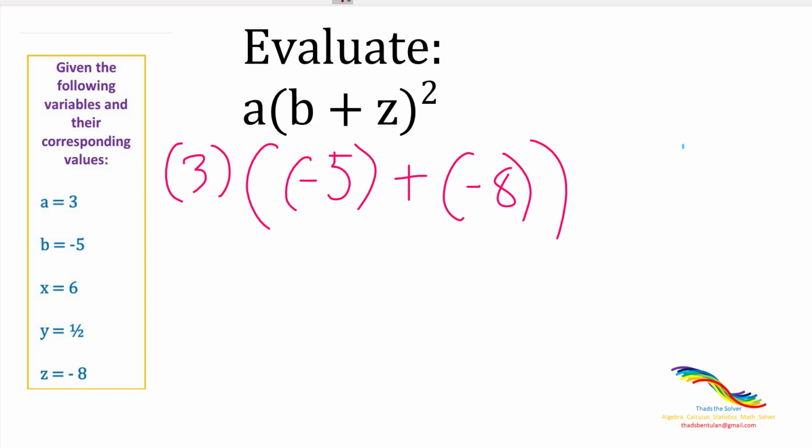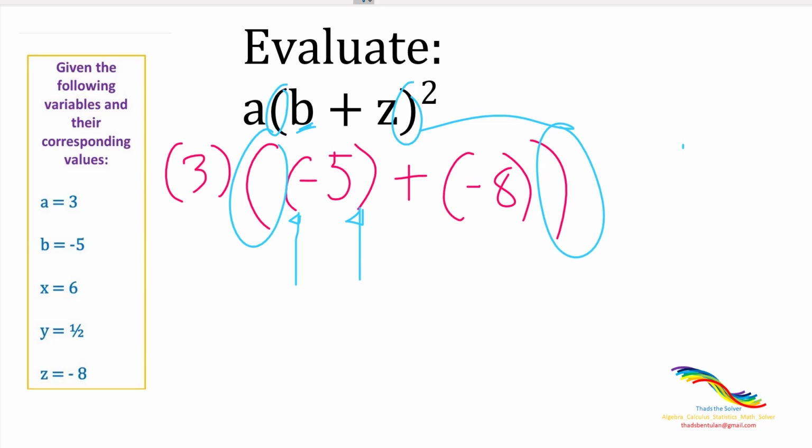Alright, I would like to emphasize again. First, we had the original parenthesis here, and this corresponds to this parenthesis. You might be surprised, why do we have a parenthesis here? Because when we substituted the value of b, which is -5, we don't want it to be confusing.